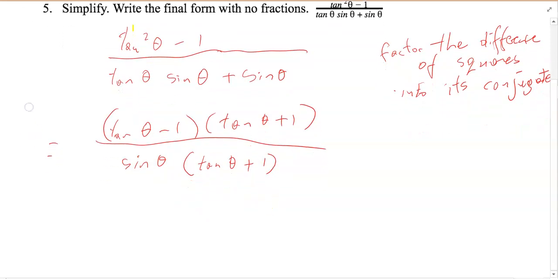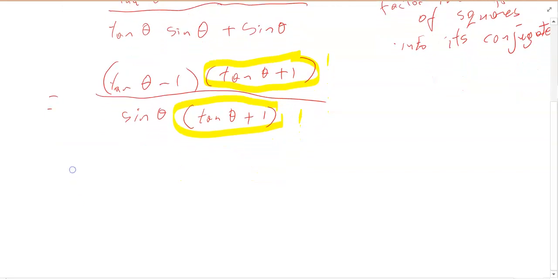So notice there's a common factor at the top and bottom, so these will cancel out, or say 1 over 1. So then we end up with tan theta minus 1 over sine of theta.